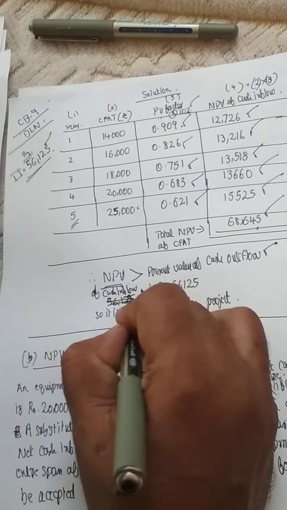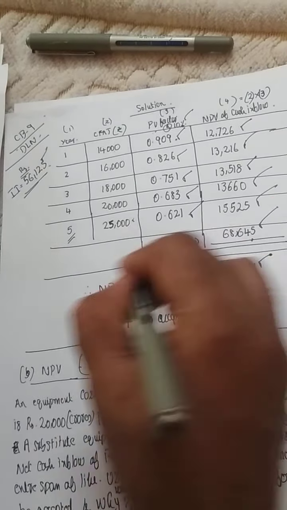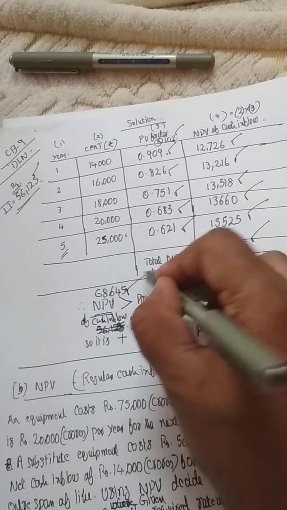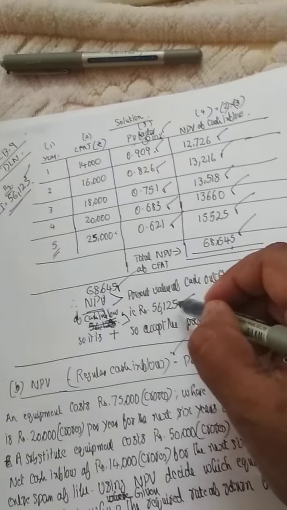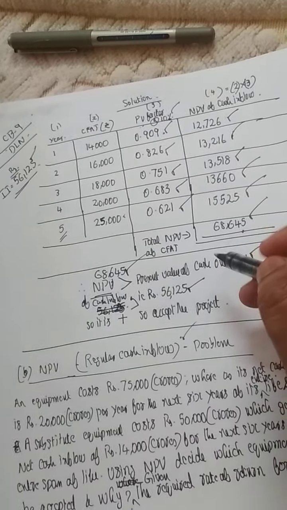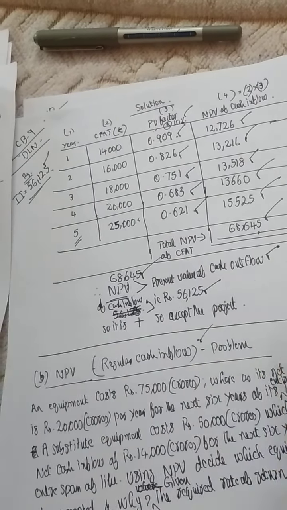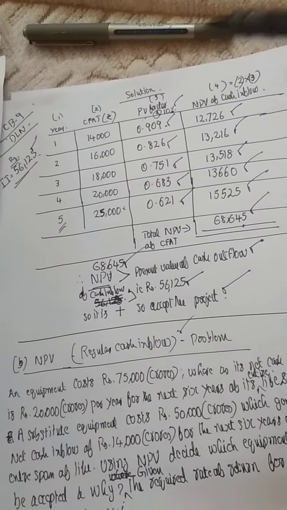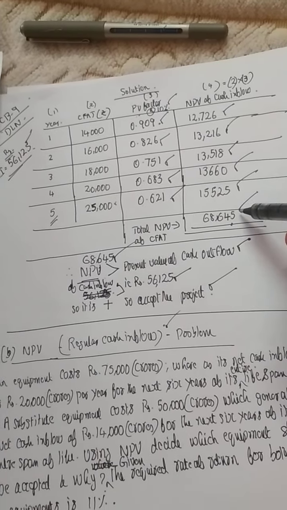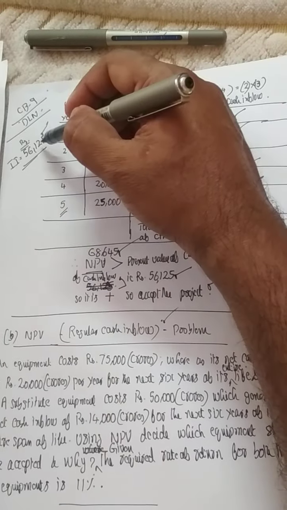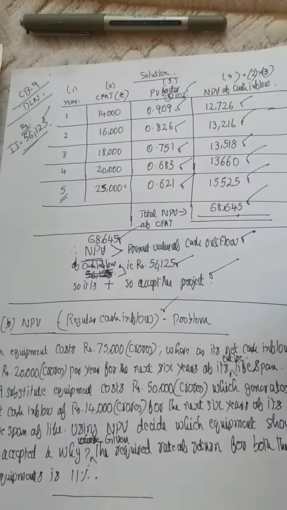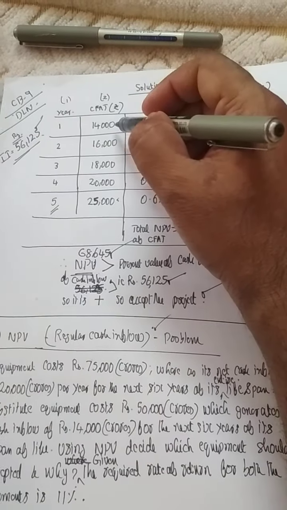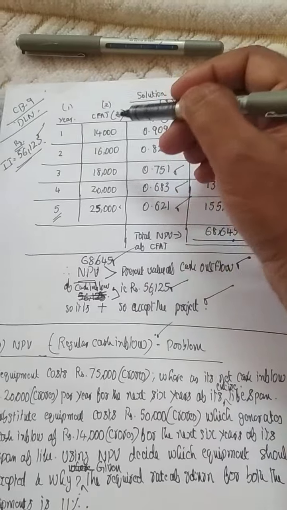The return which we had got, 68,645, is greater than the present value of cash outflow 56,125. So it is positive. So that is the acceptance rule. We could accept the project because the net present value of cash inflow 68,645 is greater than the initial investment 56,125. So this is all about the irregular cash inflow problem under the net present value method.